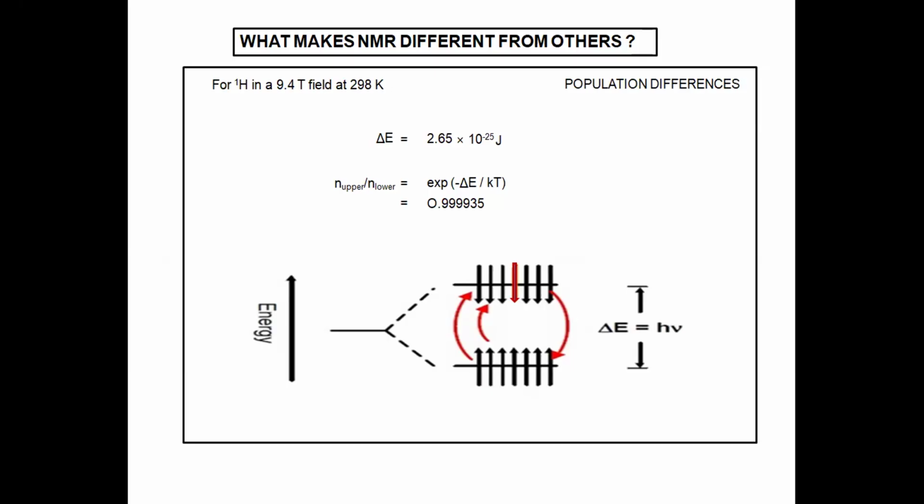So we have to do a lot of work to create a population difference here so that we can get an appreciable amount of signal.